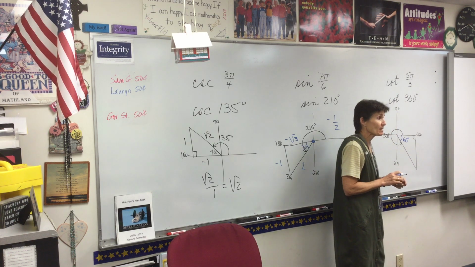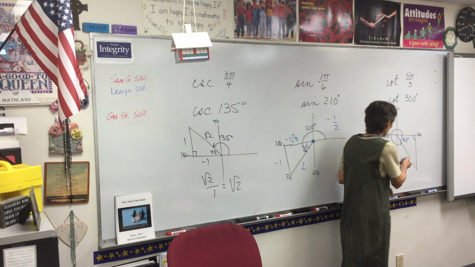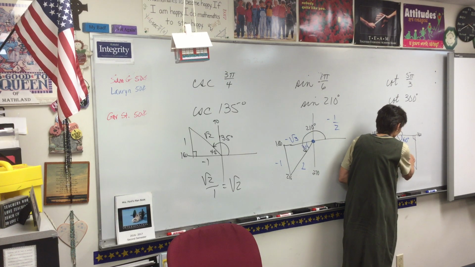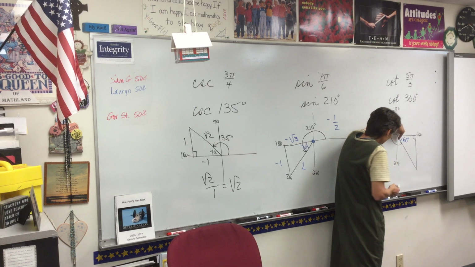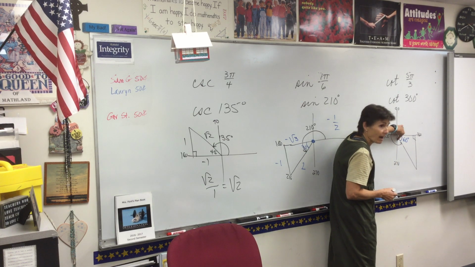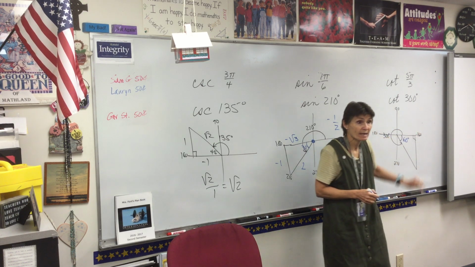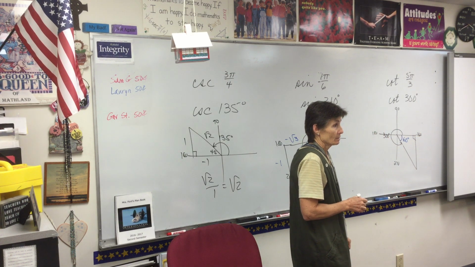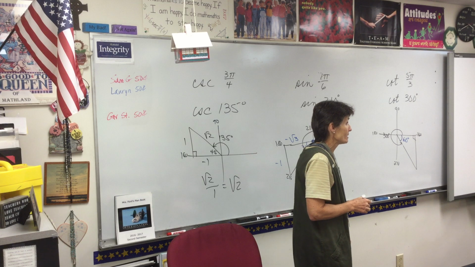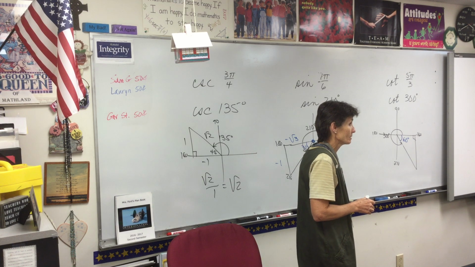Now, those of you that said 30, you're finding this angle right here. This angle would be 30. Is that the angle that I want right here? No. I need the angle in the triangle. 360 minus 300 is 60 degrees.